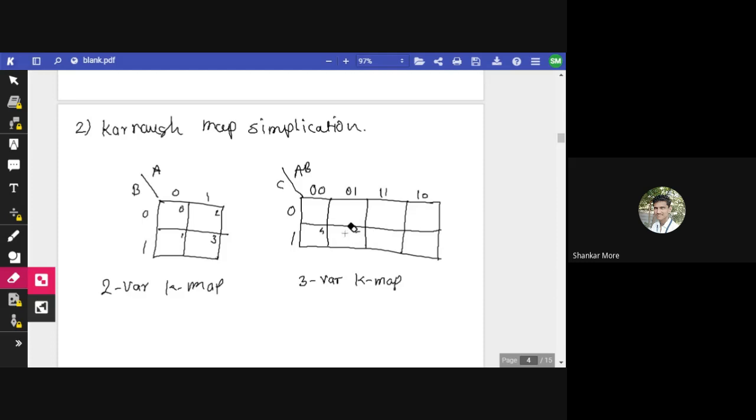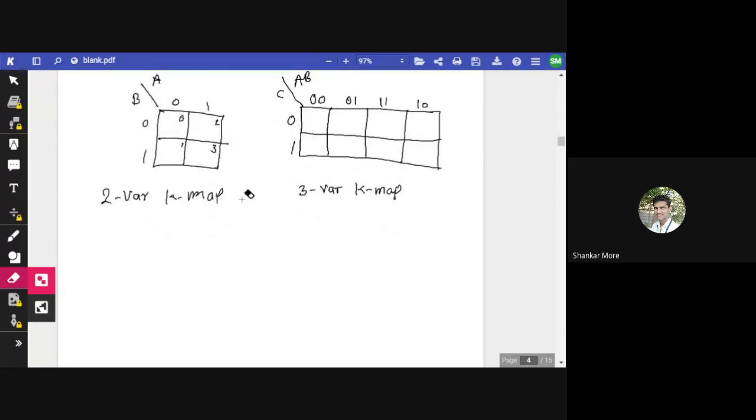Just a moment. Was it correct? I'm not sure it was correct. Okay, it was correct. Fine. So that was the three variable K-map.